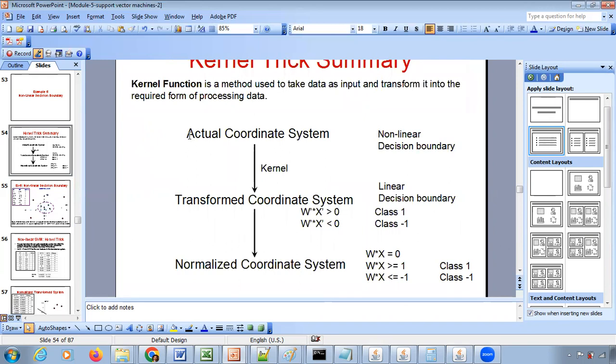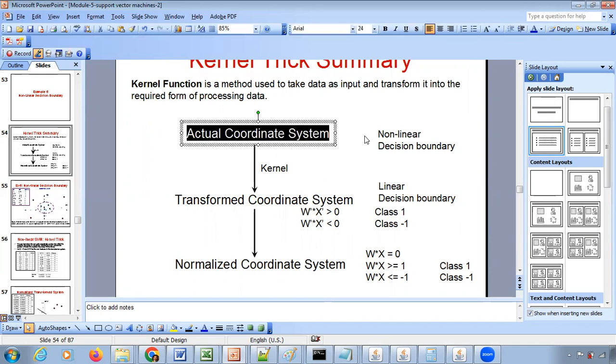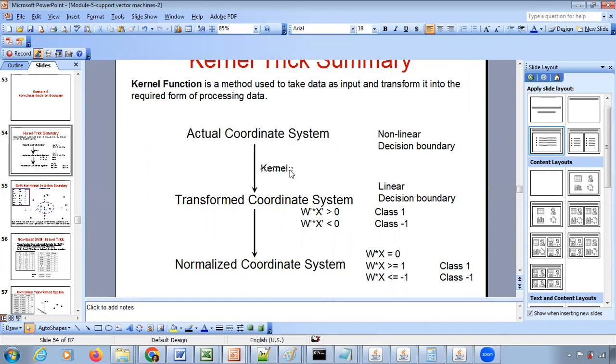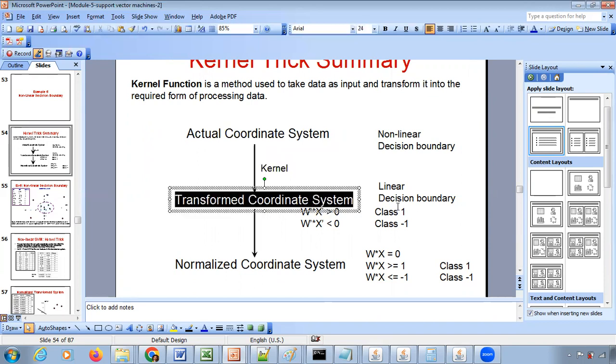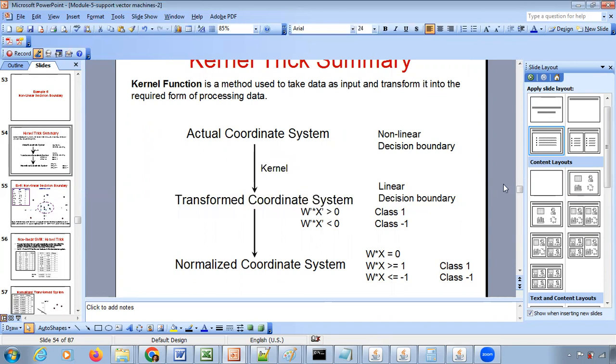So we are given the raw coordinate system that has a nonlinear decision boundary, and we pass it to a kernel function and get a transformed coordinate system. The transformed coordinate system is going to have a linear decision boundary. And then we are going to use the regular approach of further normalizing it and then fitting a support vector machine model.